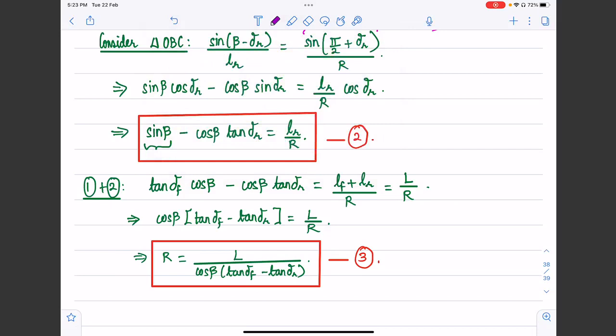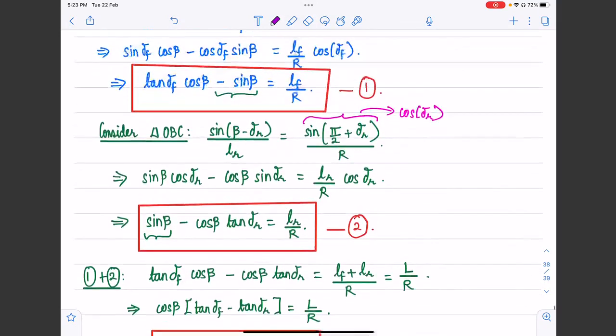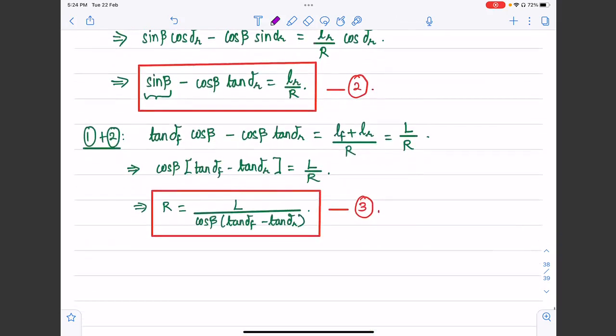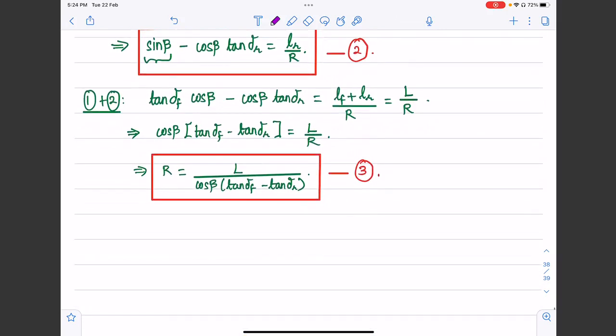So we are going to simplify a little bit. We will take equation number 1 and multiply by LR. We will take equation number 2 and multiply by LF, and then we will simplify. So now we take equation number 1 and multiply by LR.